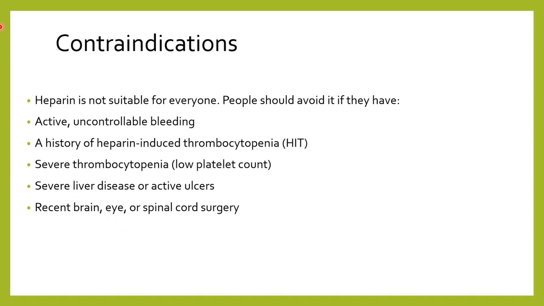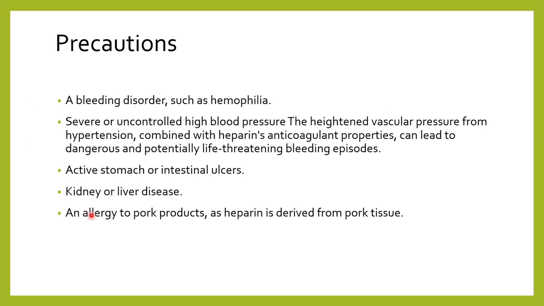You should not use heparin if there is uncontrollable active bleeding or a history of heparin-induced thrombocytopenia. You have severe thrombocytopenia, because it can again reduce your platelet count. You have an active ulcer, there is a risk of bleeding. You have a recent brain, eye or spinal surgery, there can be a risk of bleeding. You have a bleeding disorder like hemophilia.